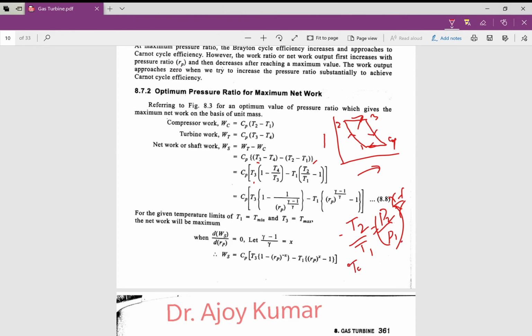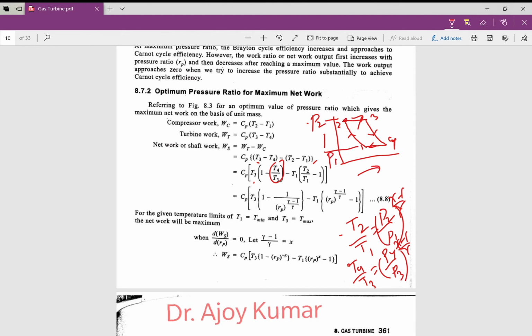For this T4 upon T3, it is P4 upon P3 to the power gamma minus 1 upon gamma. So for this T4 upon T3, P4 upon P3 is 1 upon this, because you see this is your P2 value and this is your P1 value.